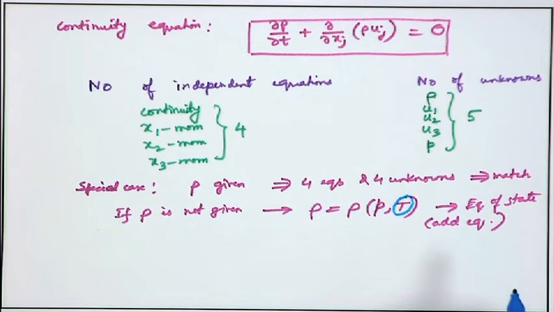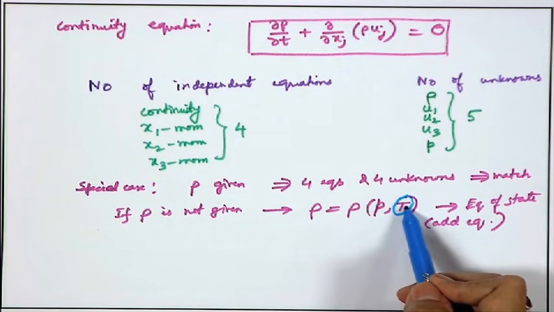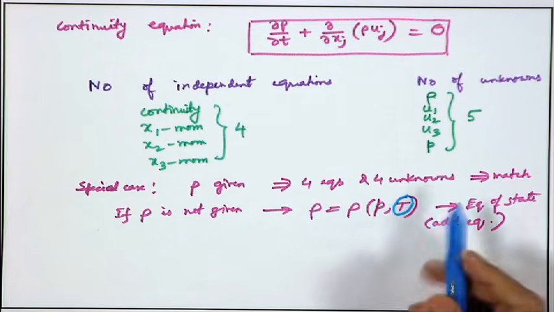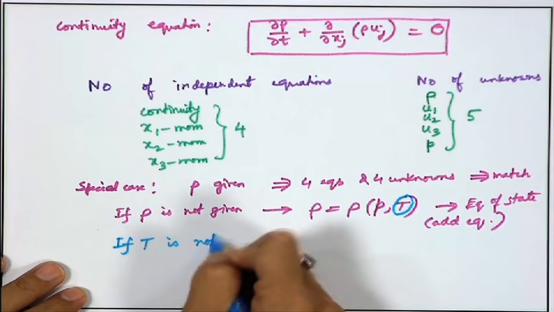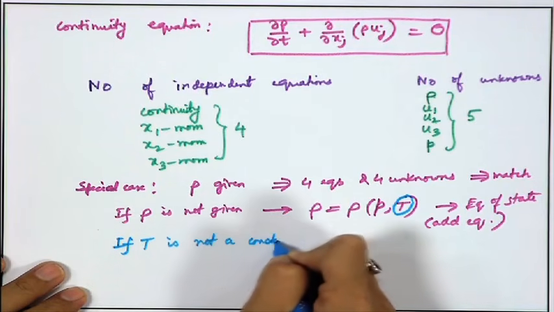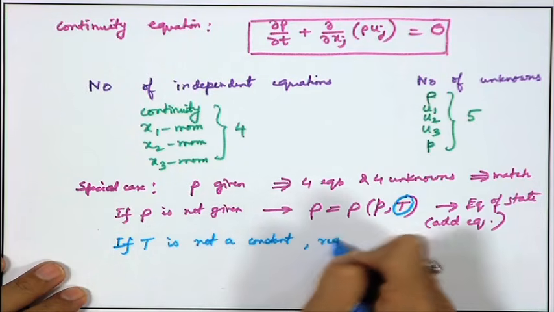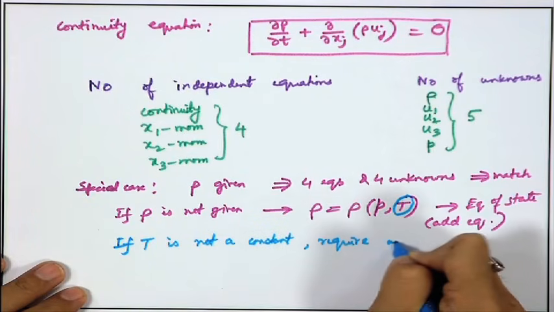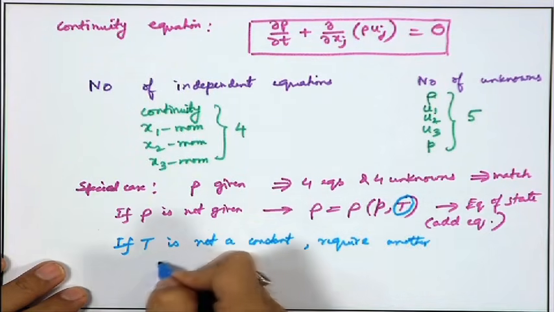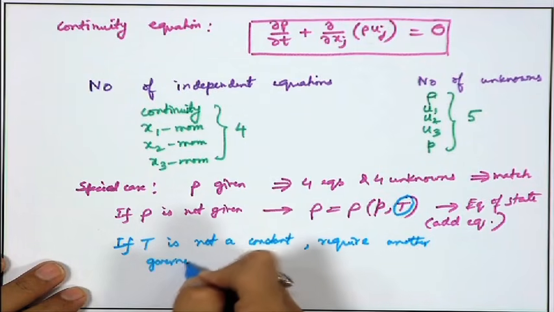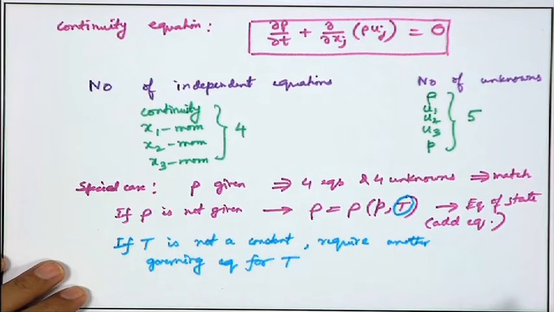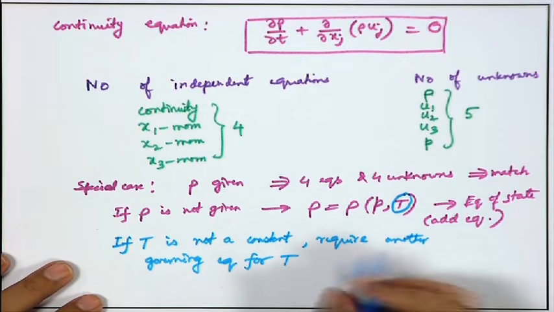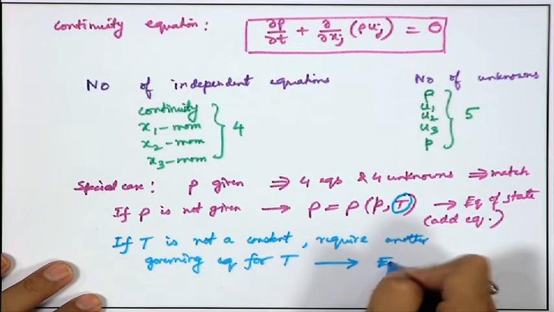So, for an isothermal case it is good enough because then the temperature is constant, it is no more a variable, but if T is not a constant, you require another governing equation for temperature. And then the system will close, and that equation is called the energy equation.